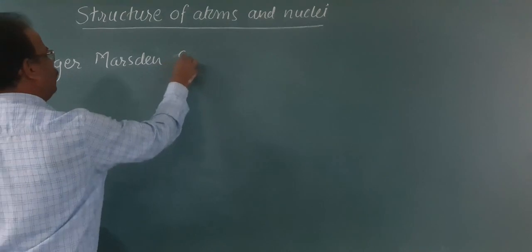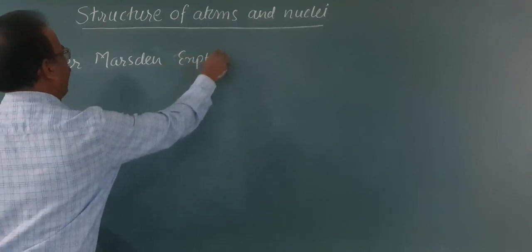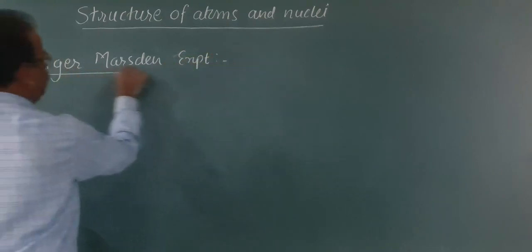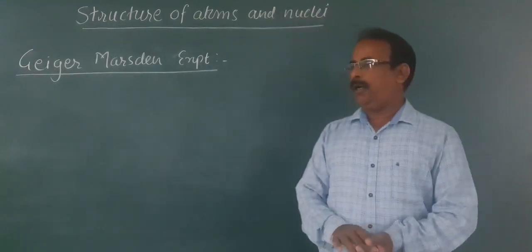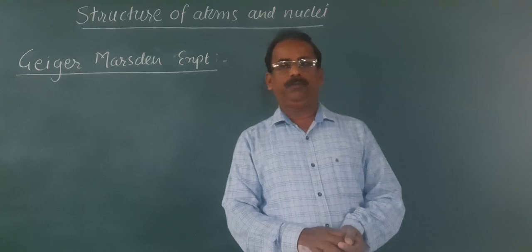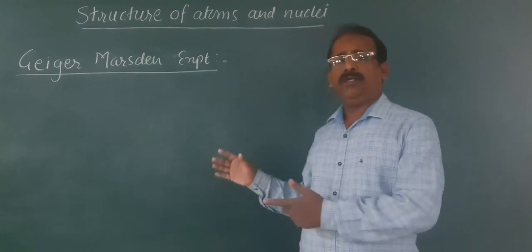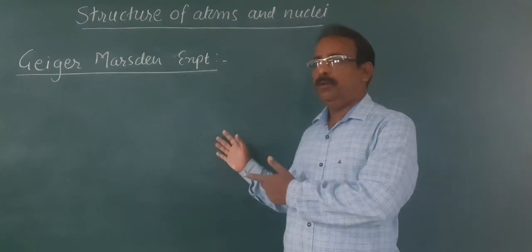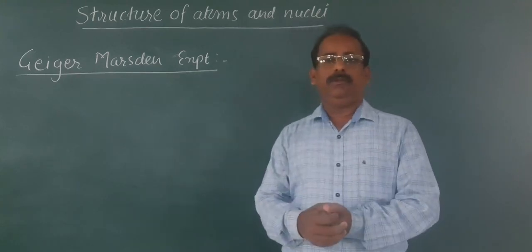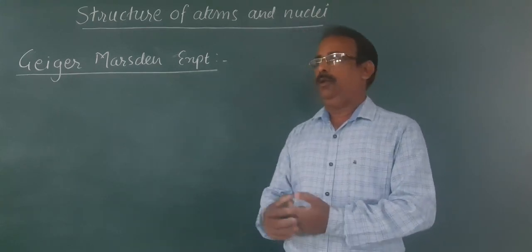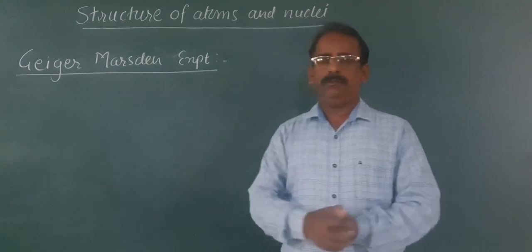The Geiger-Marsden experiment is about the scattering of alpha particles. Rutherford suggested his model using this experiment. How is this experiment seen?